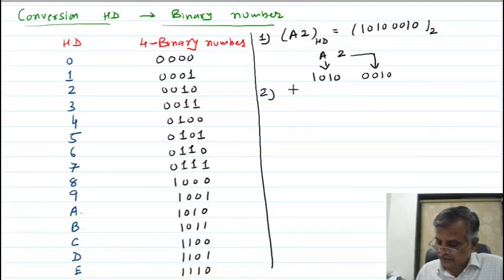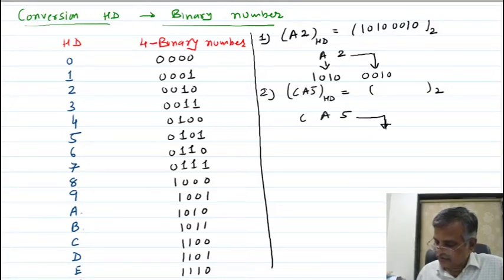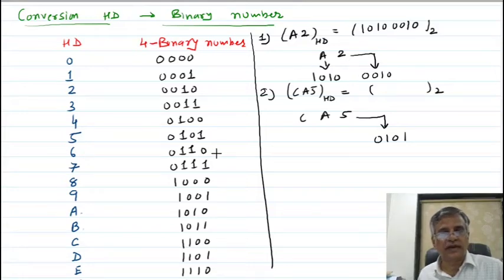Second, somebody is asking CA5, this is your hexadecimal converting to the binary. So please write CA5 and convert in this way. 5 is nothing but 0101, already mentioned in the table. If you do not remember, you have to write the table in one corner, then you do.